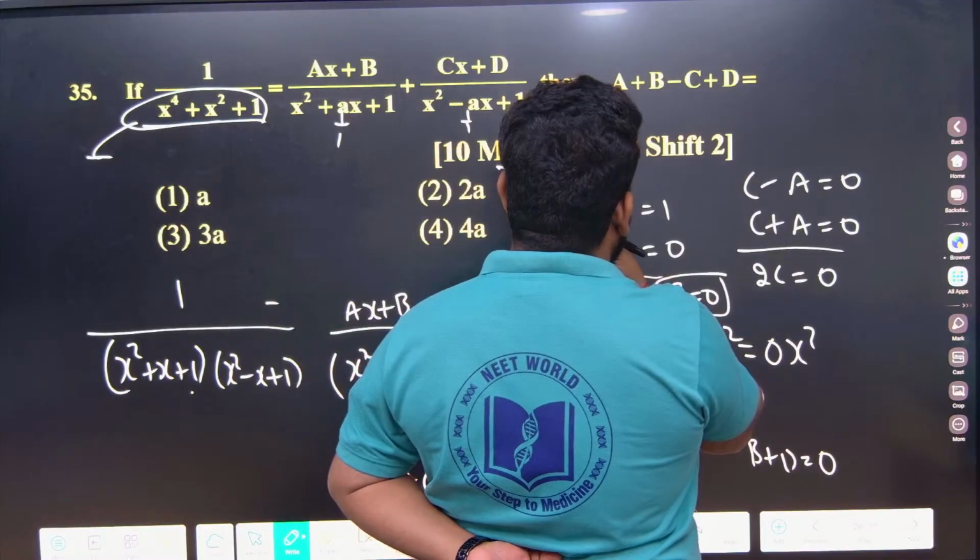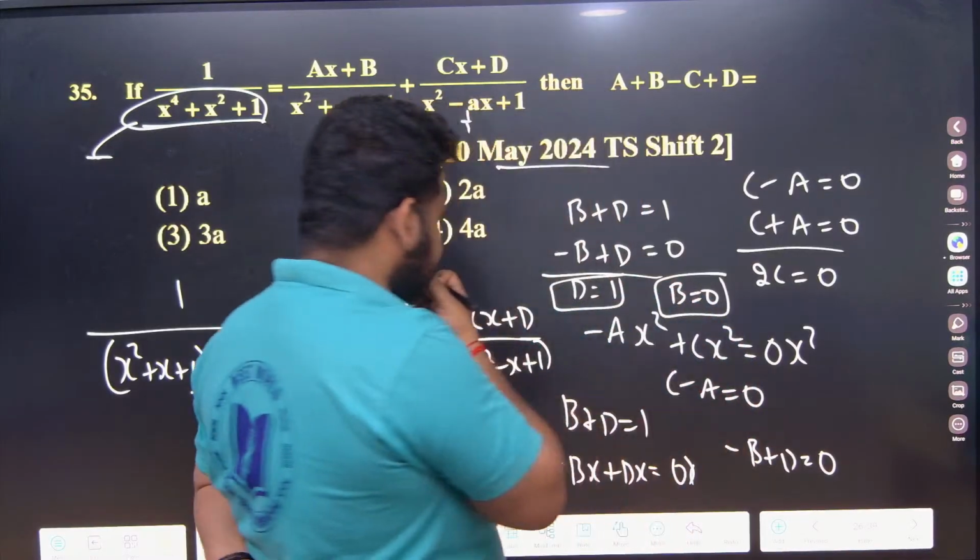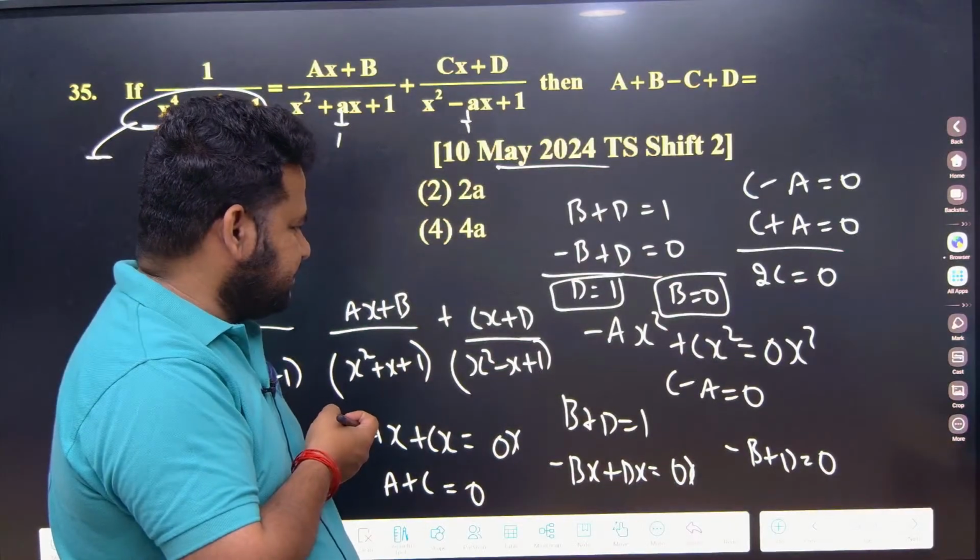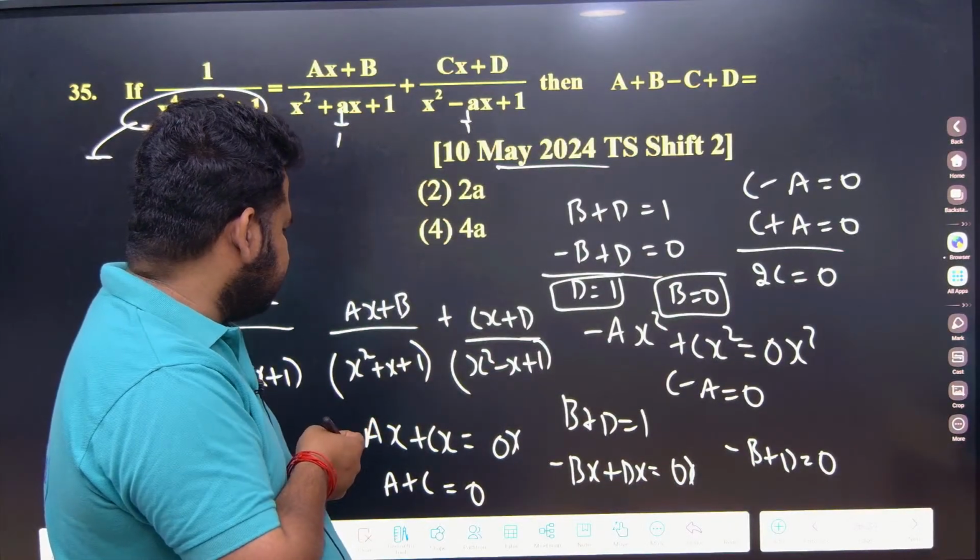Just let us have a look here. So c minus a is equal to 0. Further, can I get c minus a again?